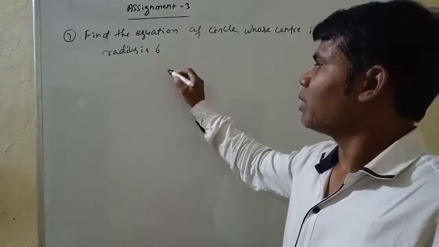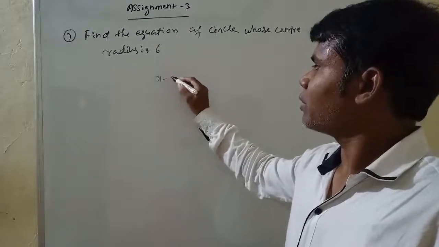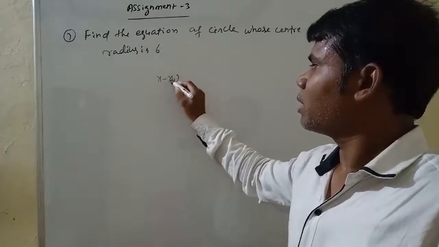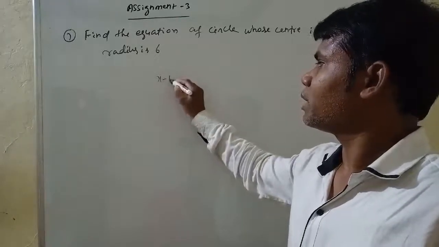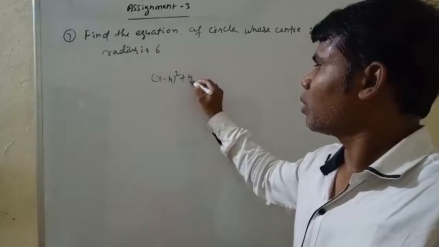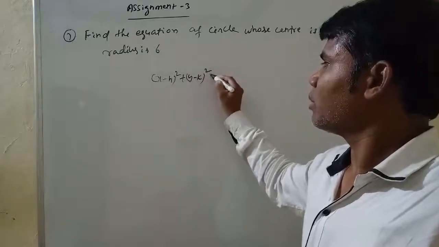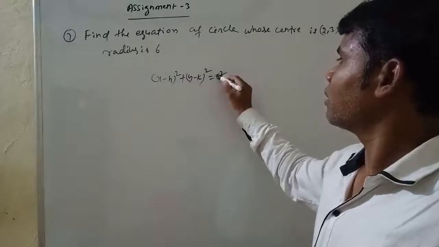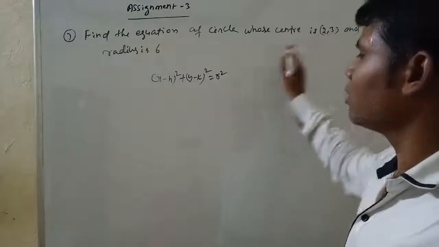The equation of circle is x minus h whole square plus y minus k whole square is equal to r square. Here h, k is the center. We can consider h, k is the center, that is 2, 3 given.